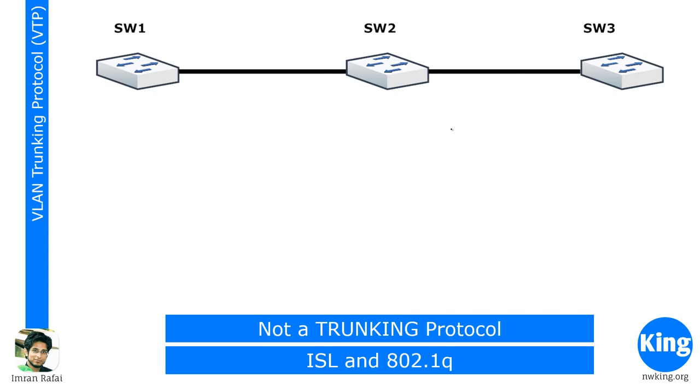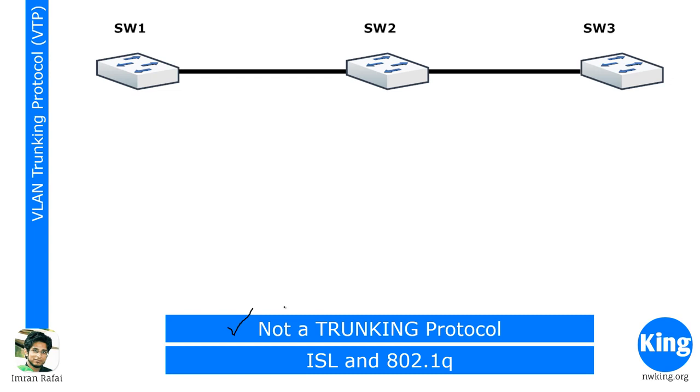Next, we'll look at VTP, or VLAN Trunking Protocol. The first thing you should remember is VTP is not a trunking protocol. The name is misleading. It says VLAN Trunking Protocol, but it is not a trunking protocol, right? So we spoke about trunking protocols in our previous video and also a little bit in the last slide.